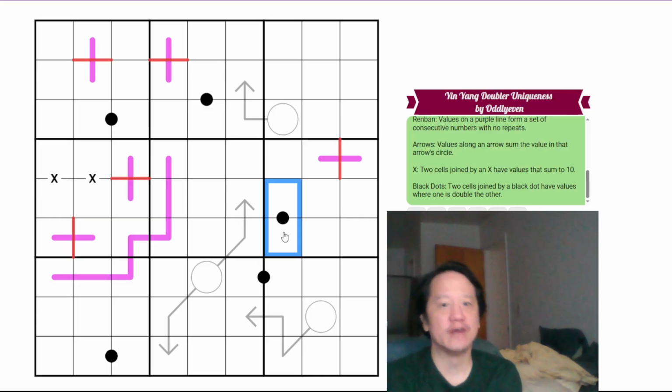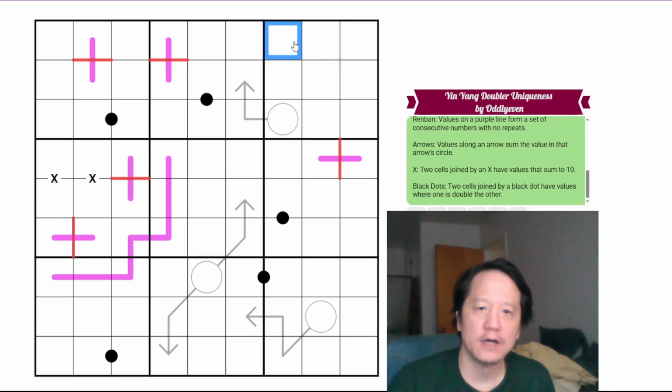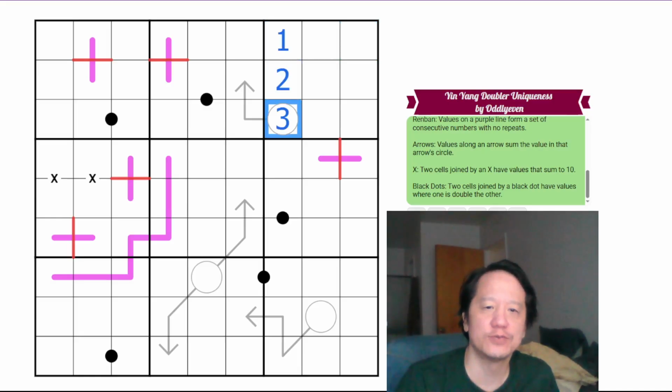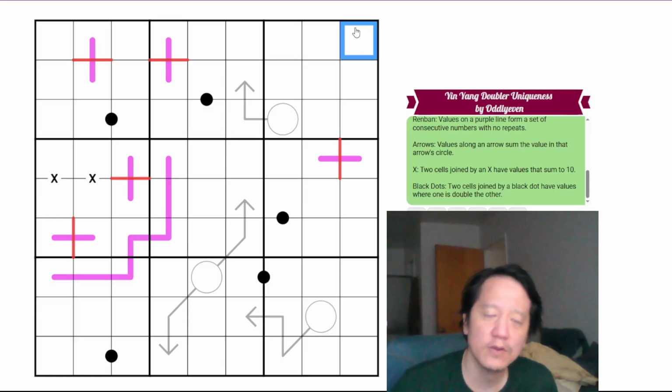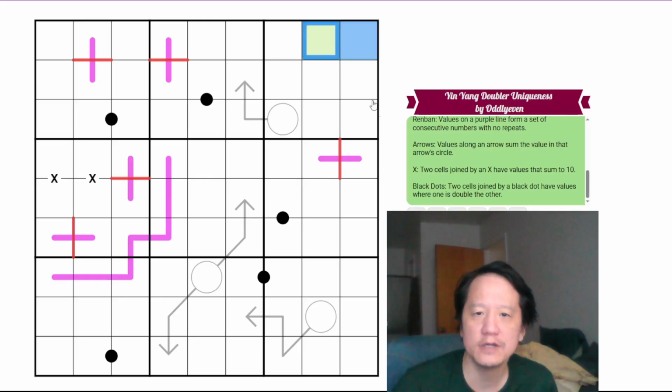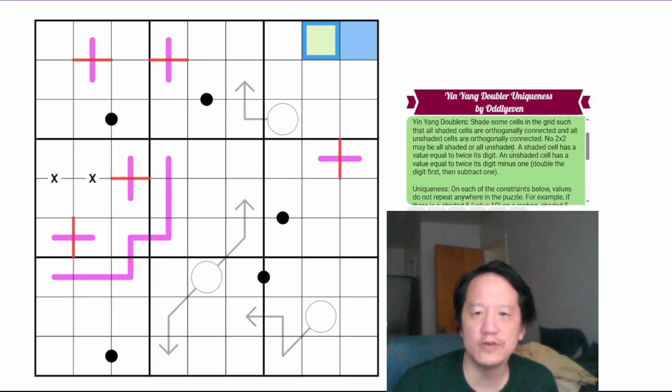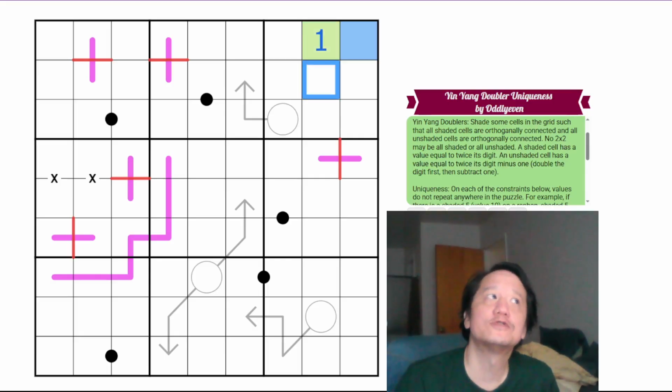Okay, so what are the values? It's just going to be 1 through 9 in each of these. For the unshaded, we have a certain amount, and for the shaded, we have a certain amount. For 1, the value is 1 times 2 minus 1, so that would be 1. For 2, it's 2 times 2, which is 4, minus 1, which is 3.